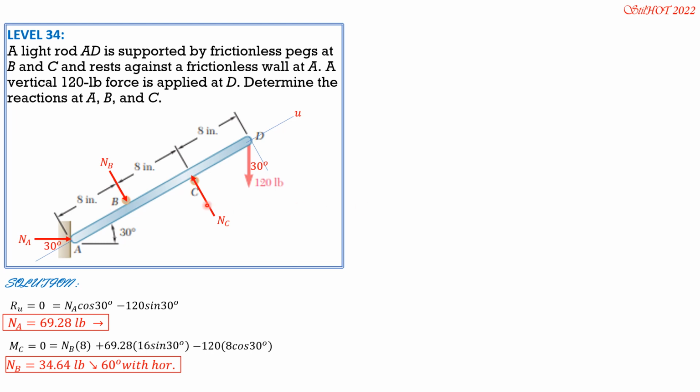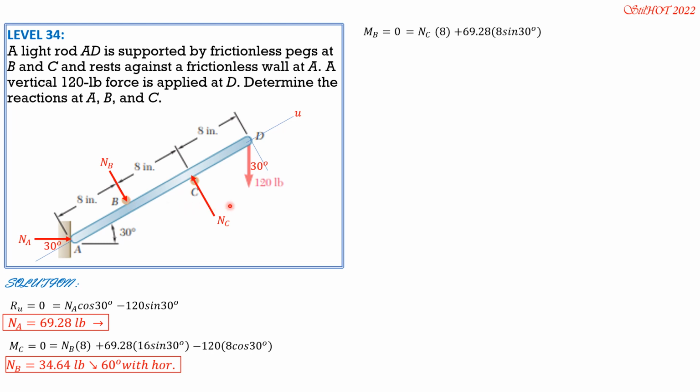Then for N sub C, we set moment at B equals 0. This time counterclockwise, still positive. So N sub C times 8 plus N sub A, 69.28. This distance is 8 sine 30. So plus 69.28 times 8 sine 30 degrees. Then minus 120.